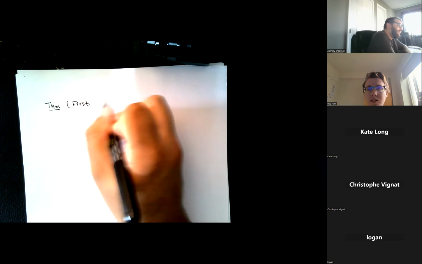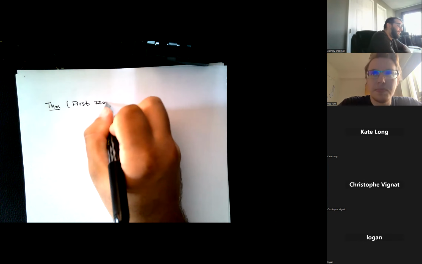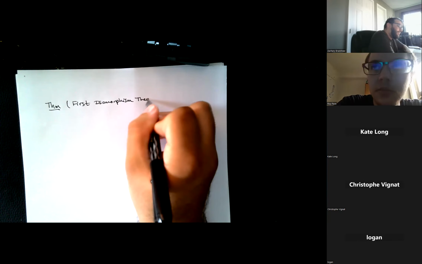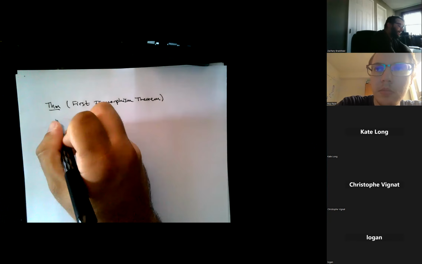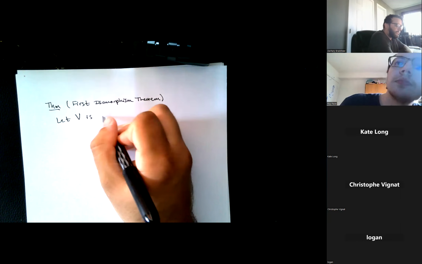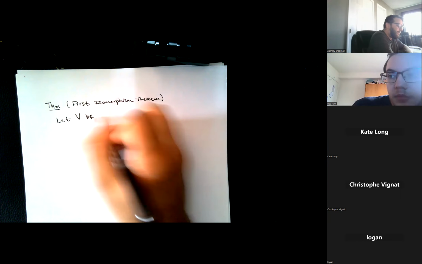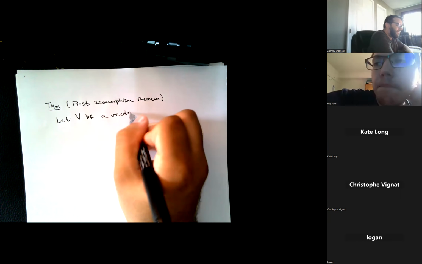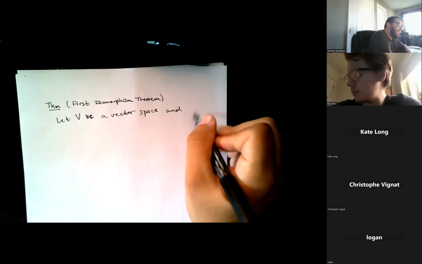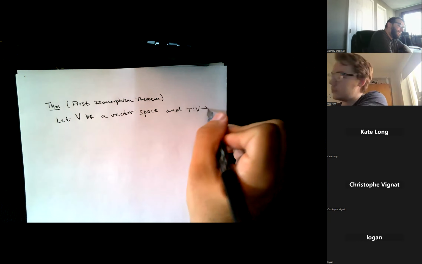So a really nice result is what's called the first isomorphism theorem, which says that if V is a vector space, and let T be a linear map.